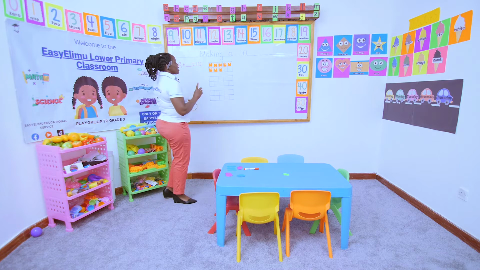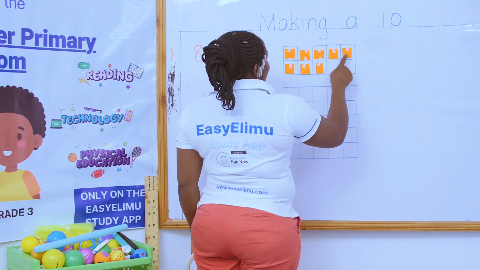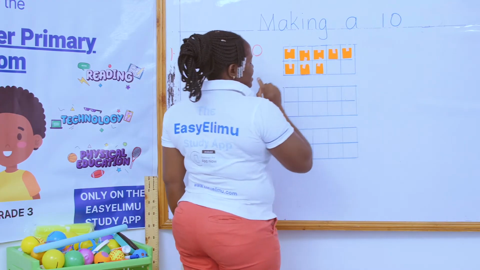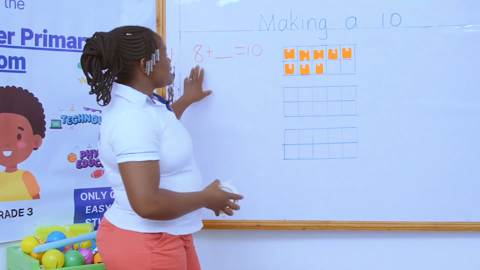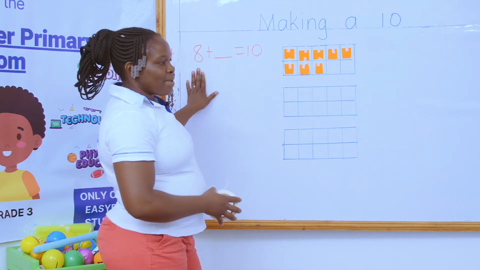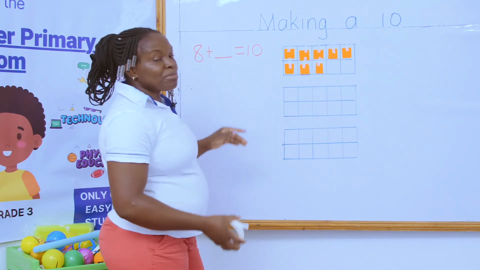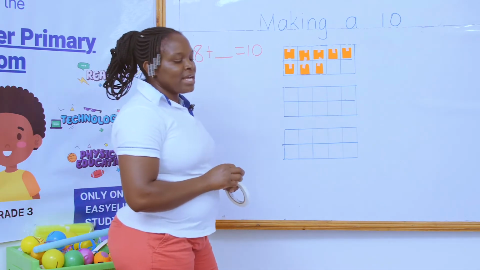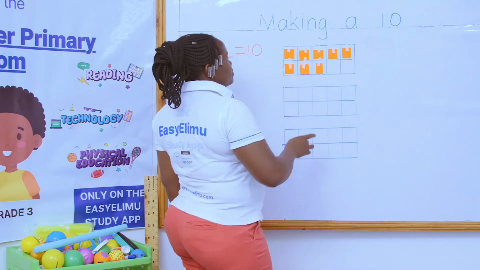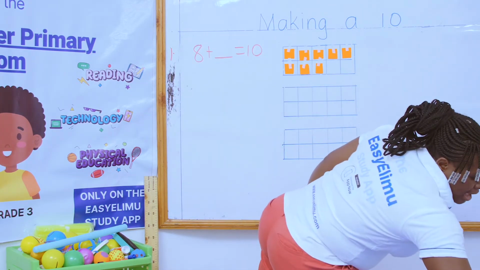I will count my counters. 1, 2, 3, 4, 5, 6, 7, 8. And there, it's 8. So the remaining spaces are the ones that I'm going to count on, which will give me the missing number. So I'm counting 8, then what am I adding here? 9.